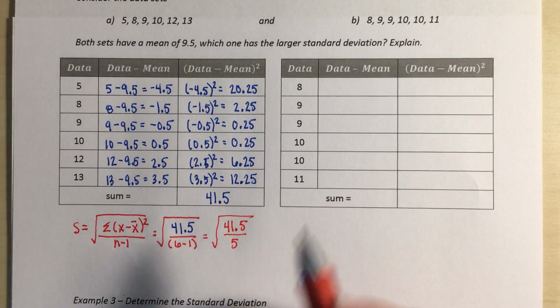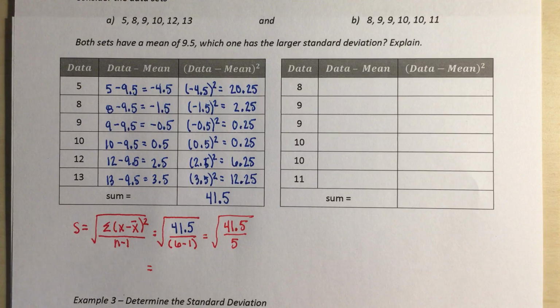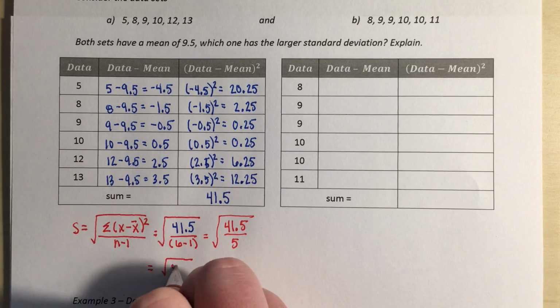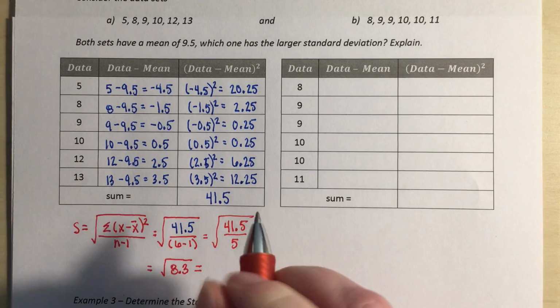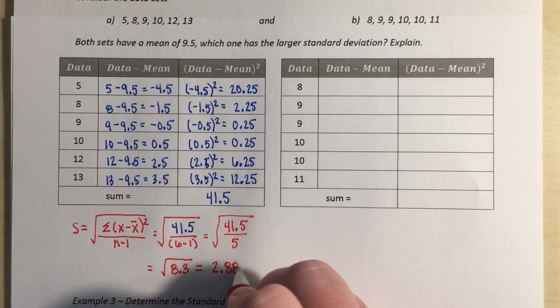This actually divides evenly. If it doesn't divide evenly, I recommend at this point putting this into your calculator, but this one actually does divide evenly. So 41.5 divided by 5 gives us 8.3. So we're going to type the square root of 8.3 into our calculator, and we get 2.881.